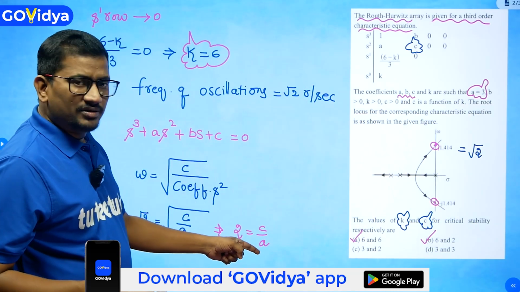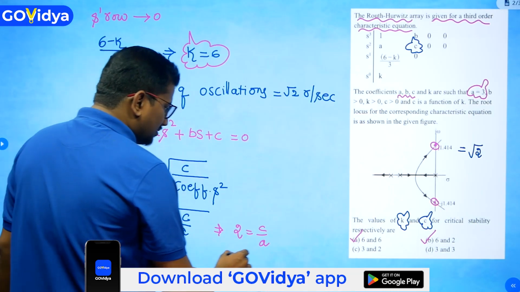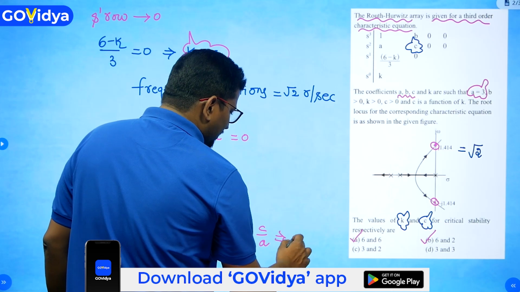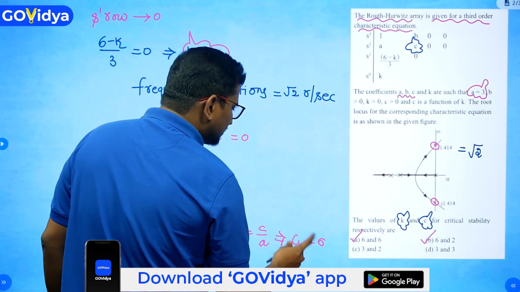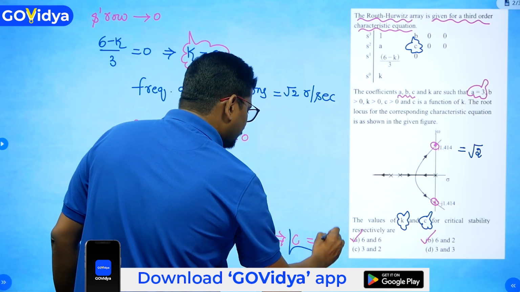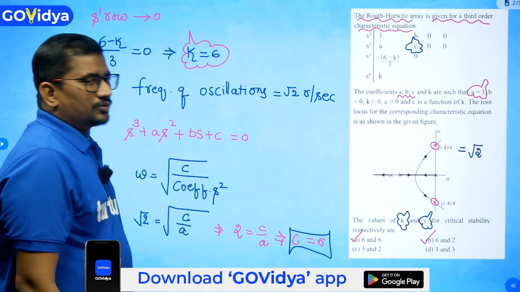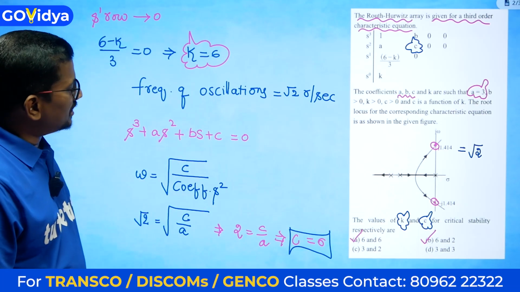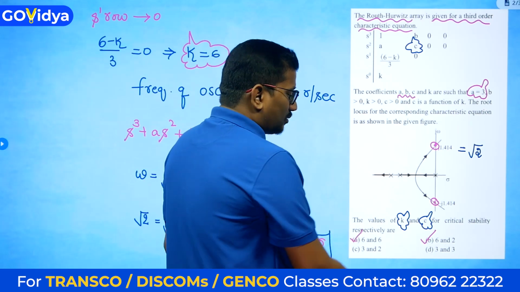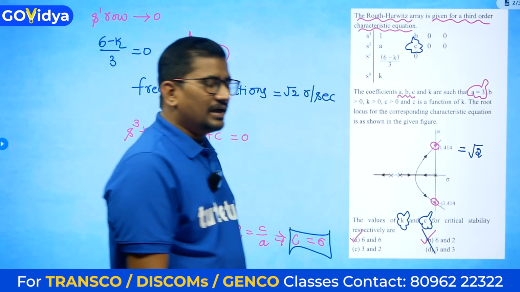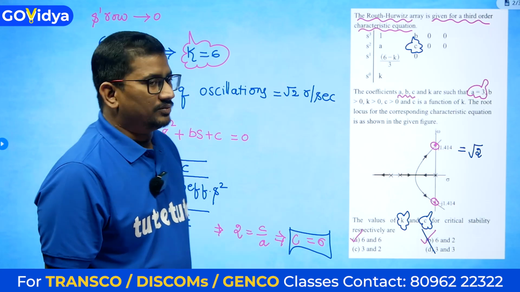If I substitute A equal to 3, then I get C equal to 6. So K is equal to 6 and C is equal to 6. Therefore option A is correct and option B is wrong.